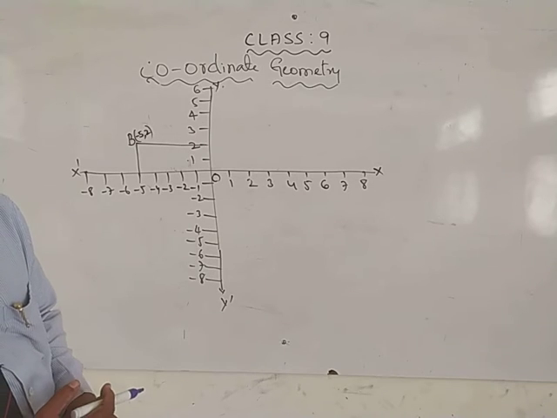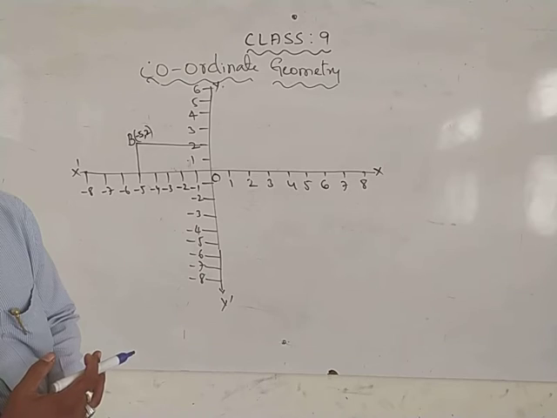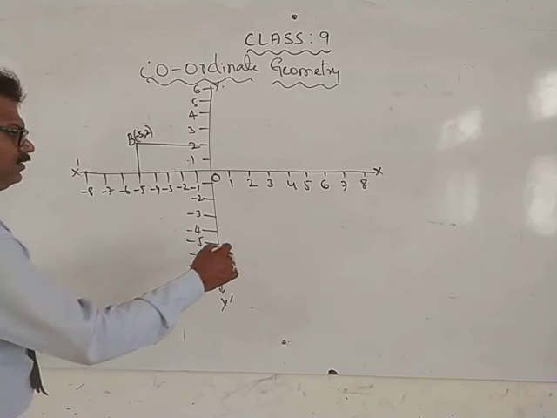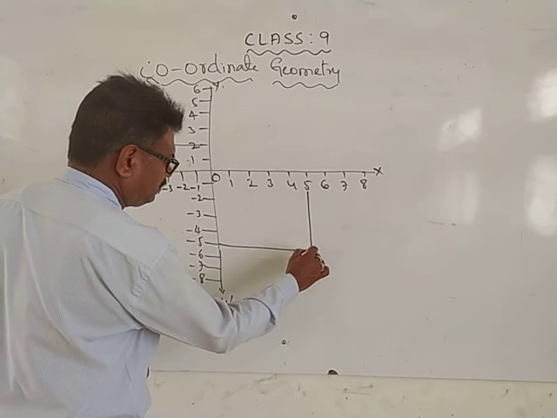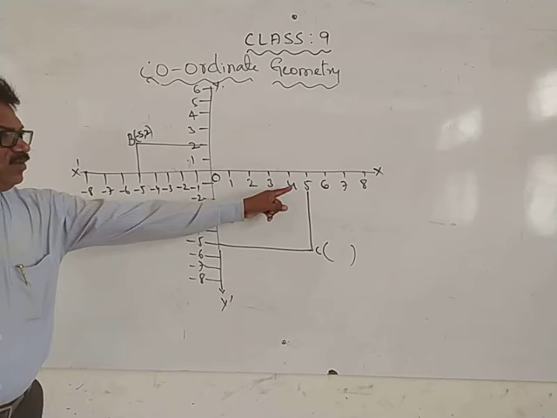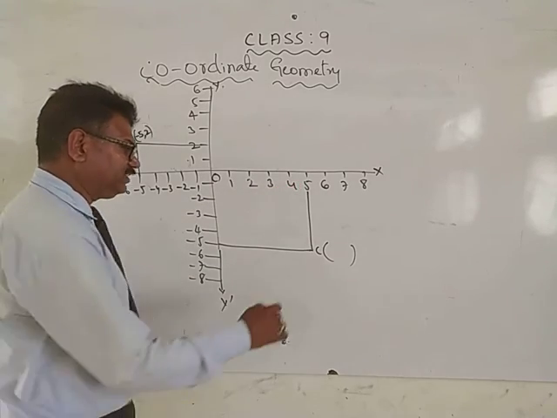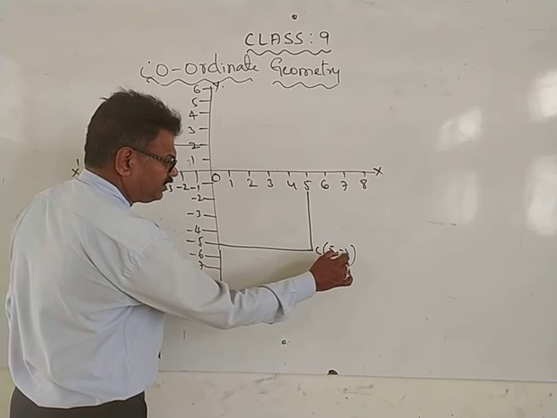Next is asking the coordinates of C. The coordinates of C here. X value plus 5. Very good. Y value minus 5.